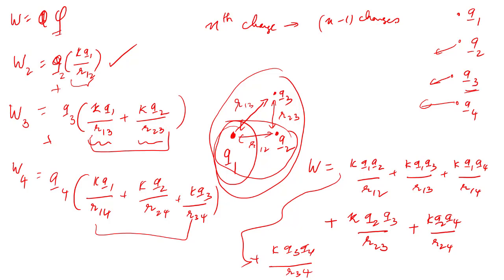So work done for the nth charge would be simply whatever is the charge Qn times the potential, K Qi divided by Rin, summed over i equal to 1 to n minus 1.